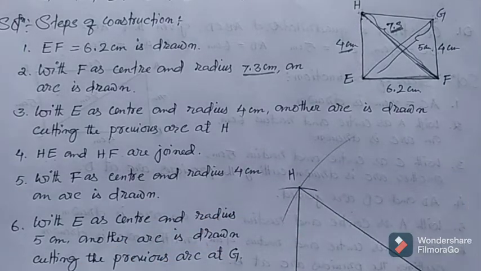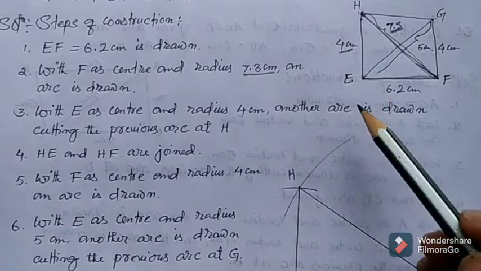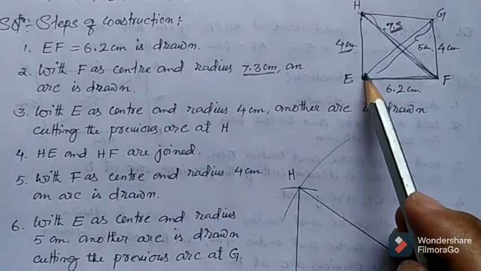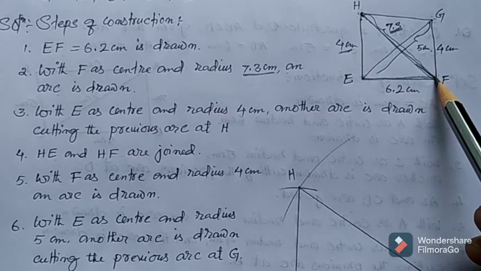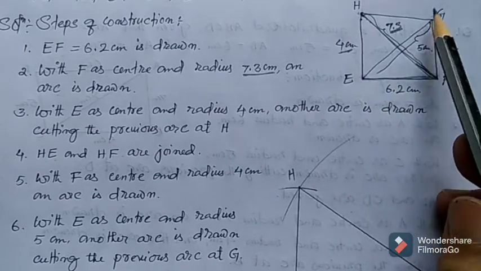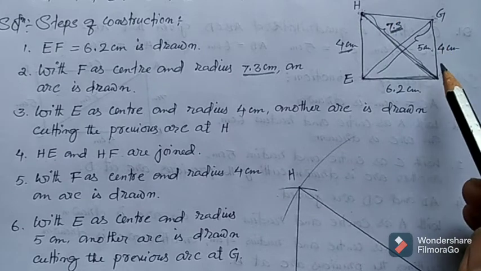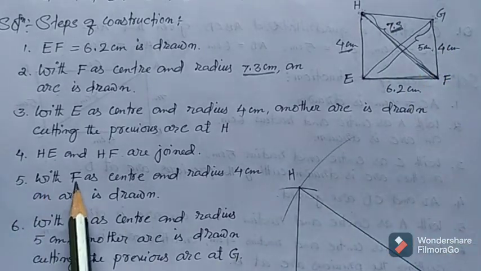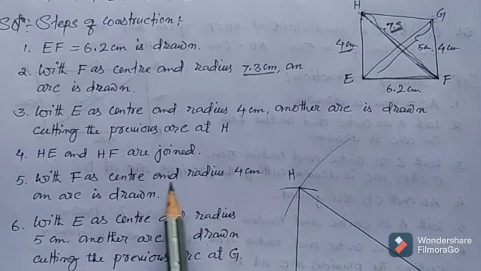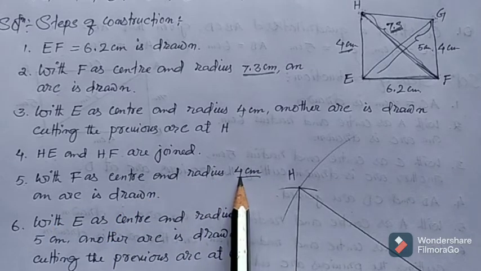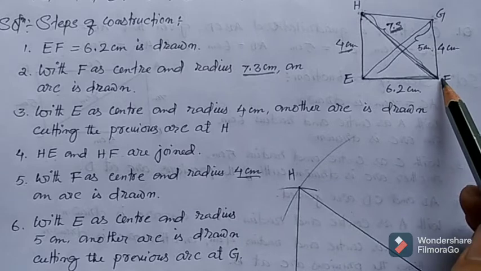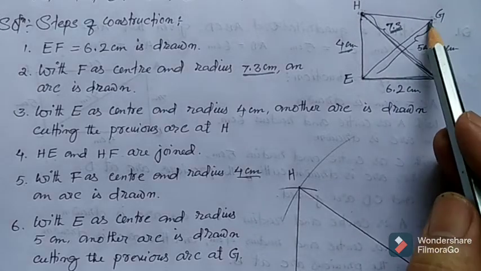Now in our construction we have EF, EH and FH. Then we'll try to get FG, EG and then HG. Now step number 5, with F as center and radius 4 cm, an arc is drawn. We have taken 4 cm as radius because we are to draw the side FG.